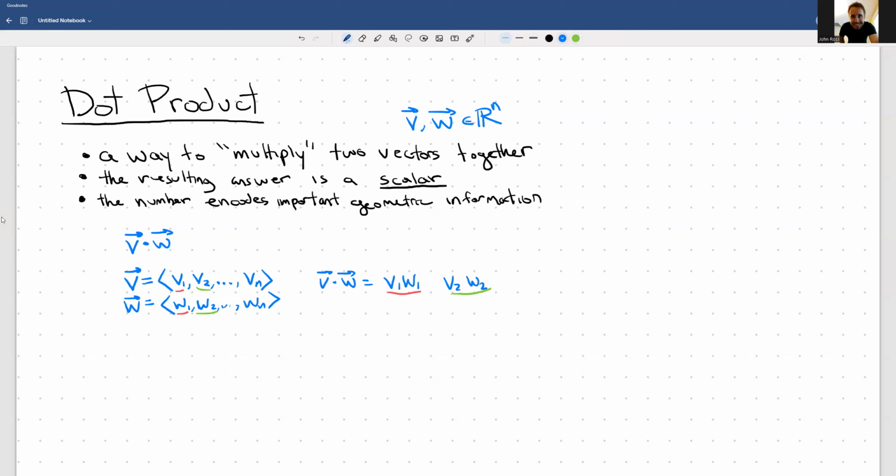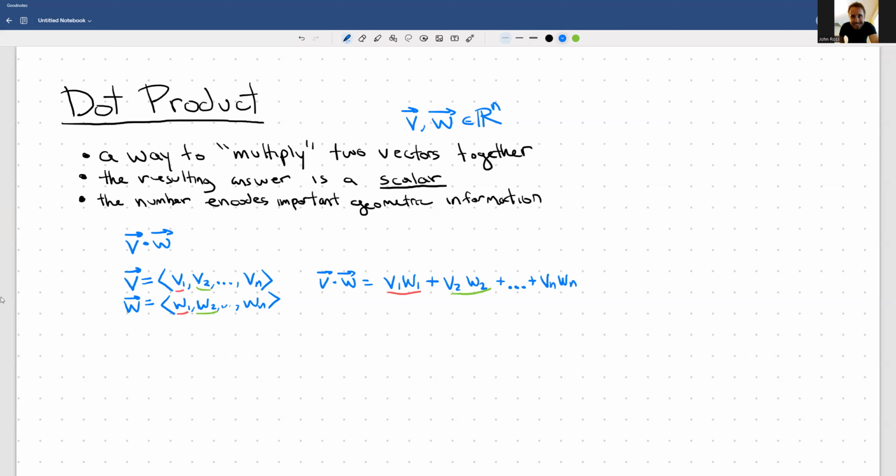So we're going to take our first product, v1 w1, plus v2 w2, plus, and you can sort of see where this is going, we would do plus v3 w3, plus v4 w4 if necessary, dot, dot, dot, all the way up to the final product, which is vn wn. And notice, because each of these were individual scalar numbers, we multiplied them together and we added them all up, the end result is a scalar.